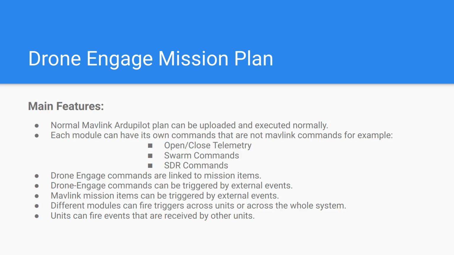So to say it in one line, the Drone Engage mission enables drones to trigger events in other drones, and each event can be received by different Drone Engage modules and can be executed by different parts based on the required action.